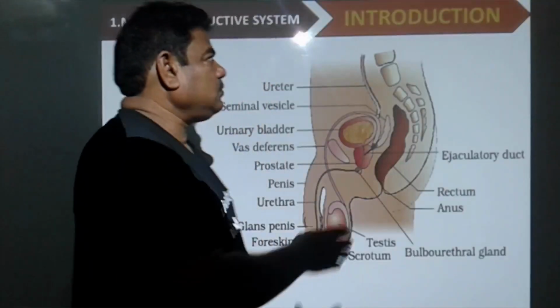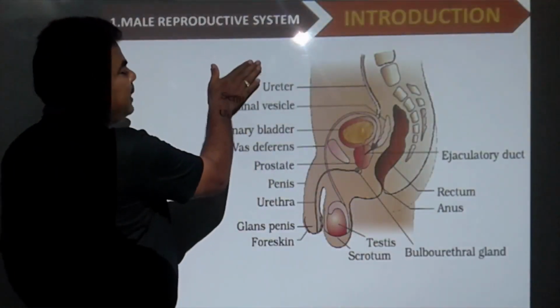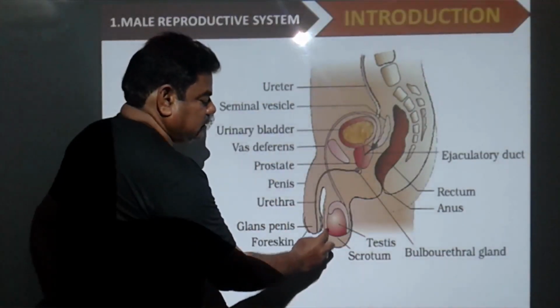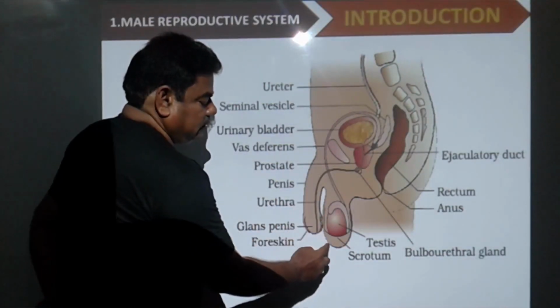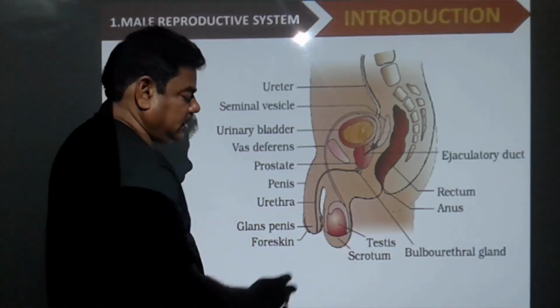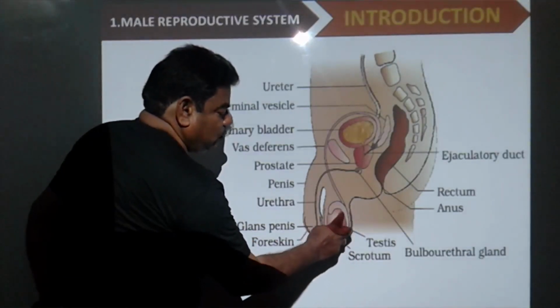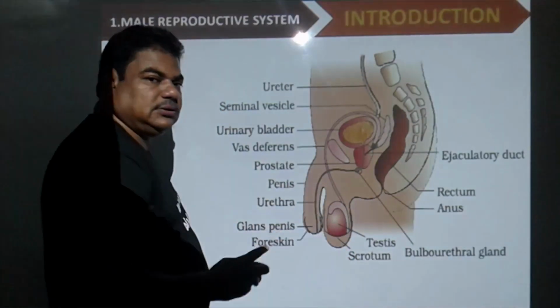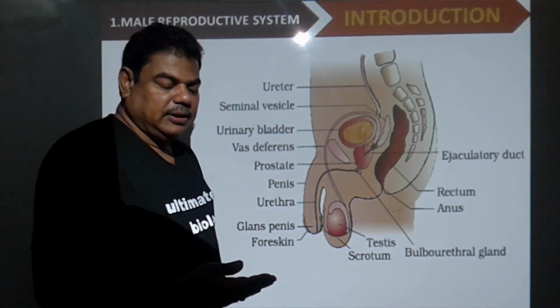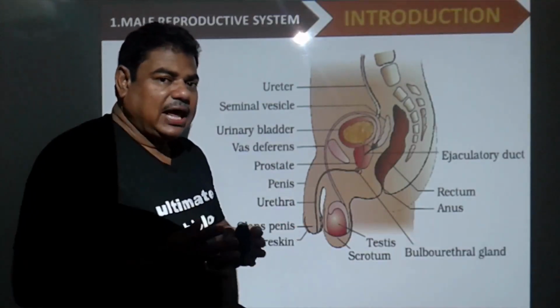Dear student, now see the male reproductive system. It consists of this. The first part is the testes. These testes are oval in shape and smooth. They are present outside the abdominal cavity.